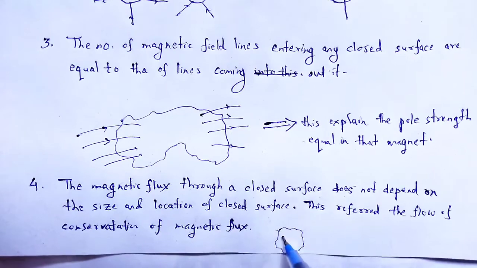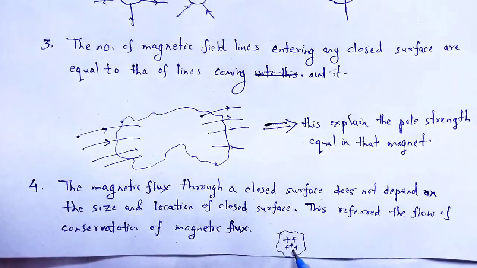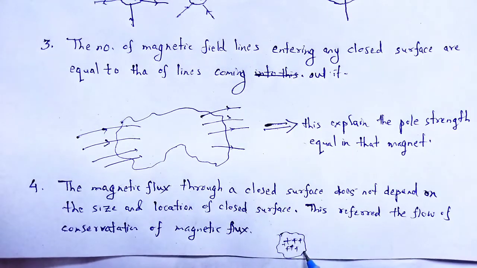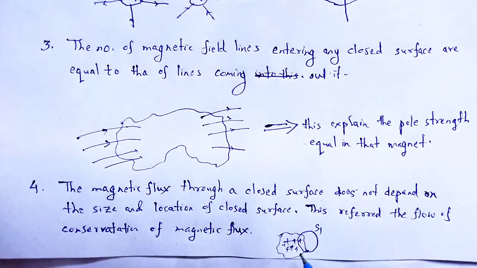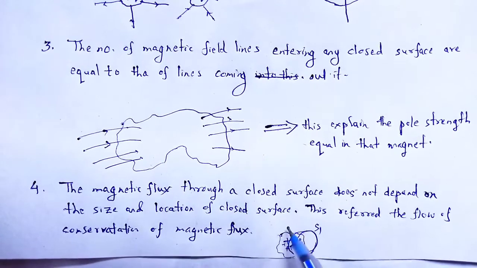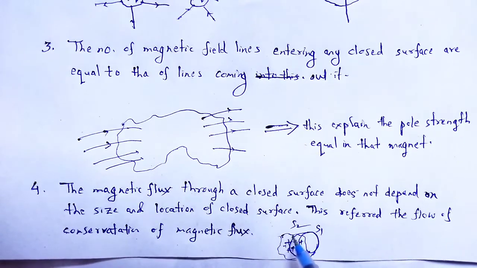If there are some charges and we take the surface here S1, according to Gauss law, the electric flux is associated with surface S1. Again we take another surface S2. So the electric flux is different. If the number of charges enclosed within the surface is increased, then accordingly the electric flux increases.